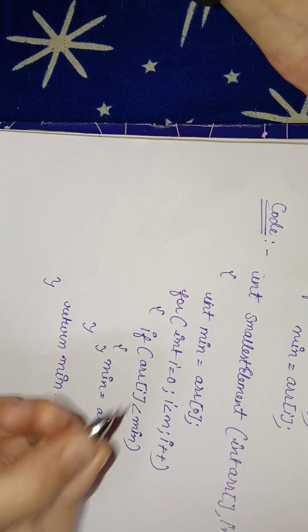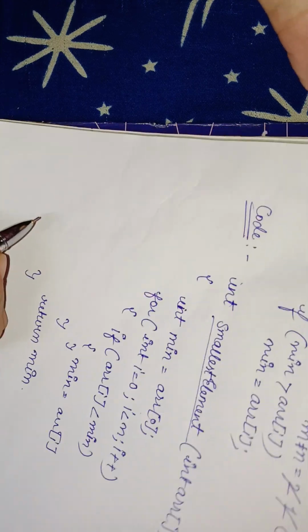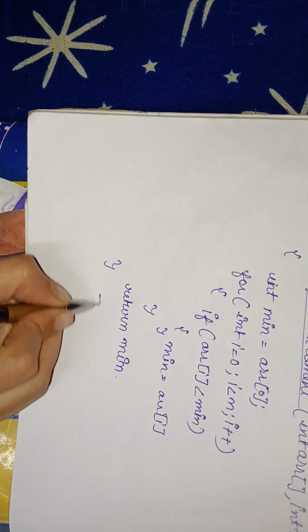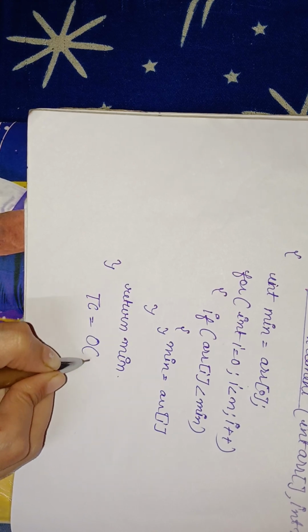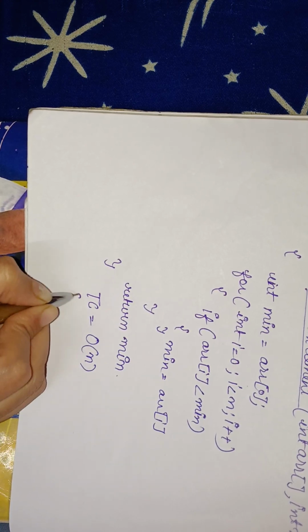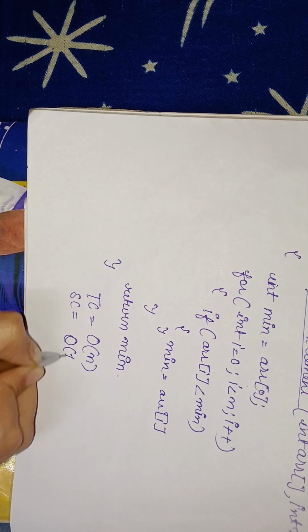So this is our code for smallest element. Let's talk about the time complexity. The time complexity for this approach is big O n, and space complexity is big O 1.